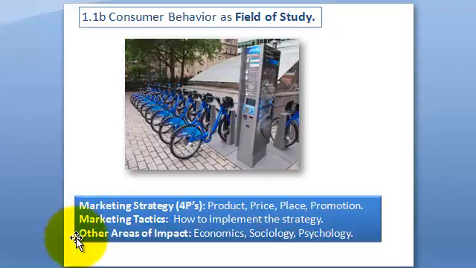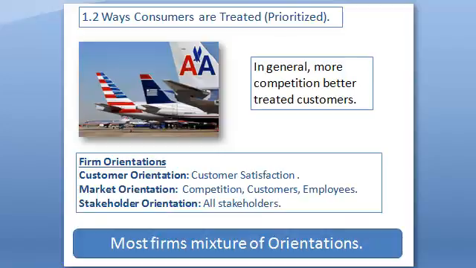It's also going to have an impact on economics, sociology, psychology, all of these things, so we can study consumer behavior as an overall field of how it impacts all these things. We can also study how it works internally, how people make the decisions, and we'll be doing both in this course.